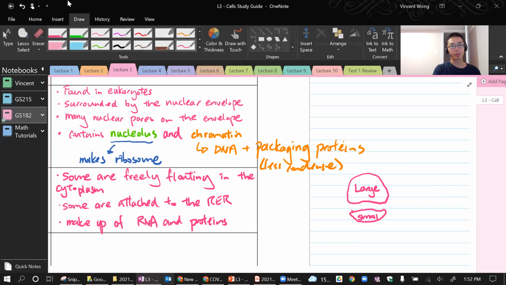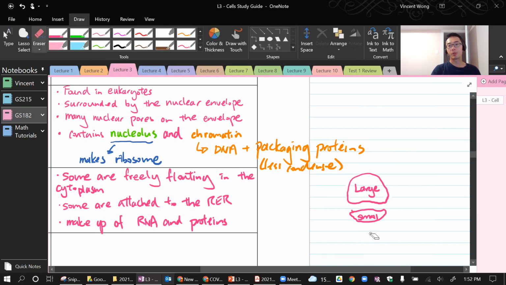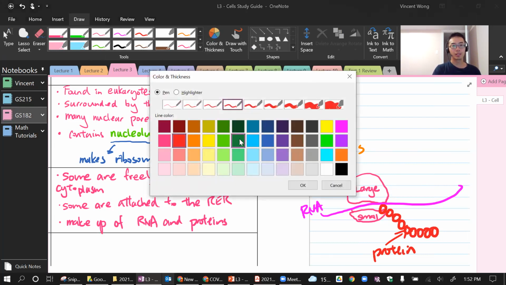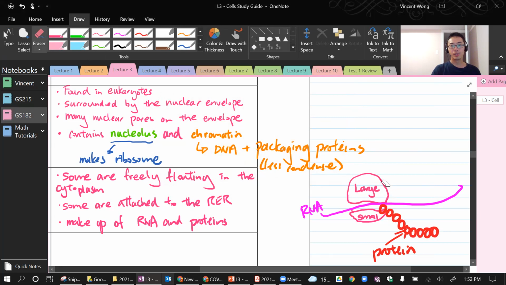The buns would be separate normally, but when it's working, it would clamp onto the RNA, read the instruction on the RNA, and then use that to make the protein, the polypeptide. So that is the function of the ribosome. The function is protein synthesis.